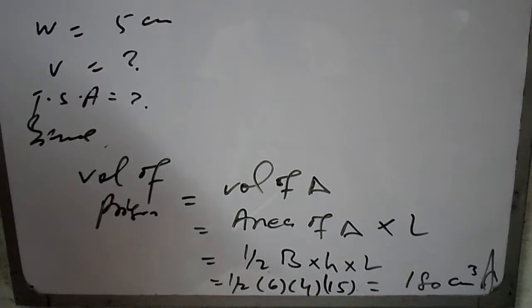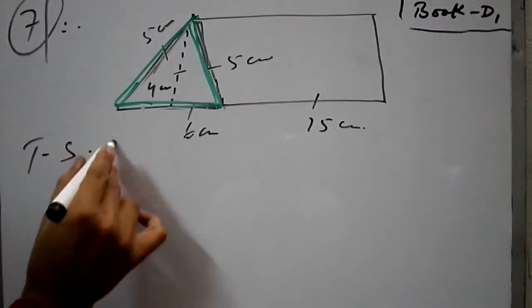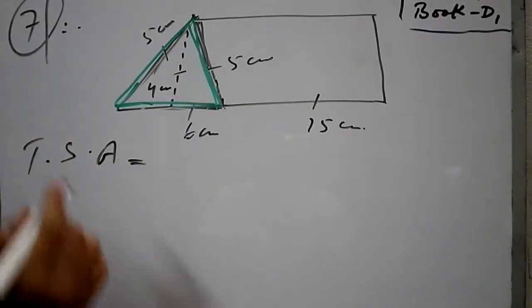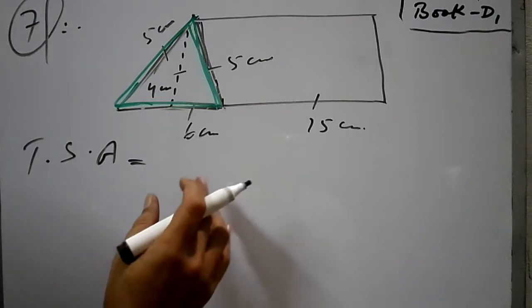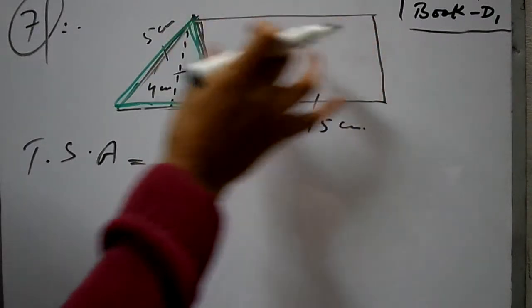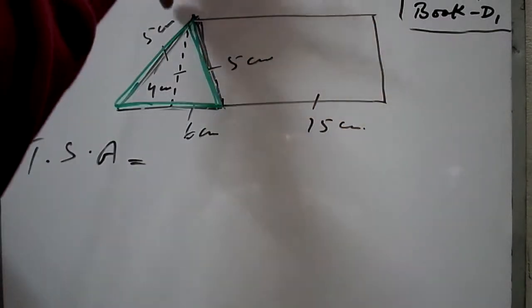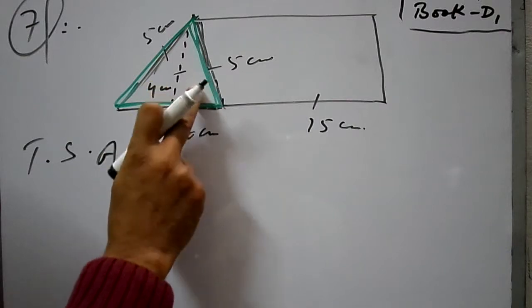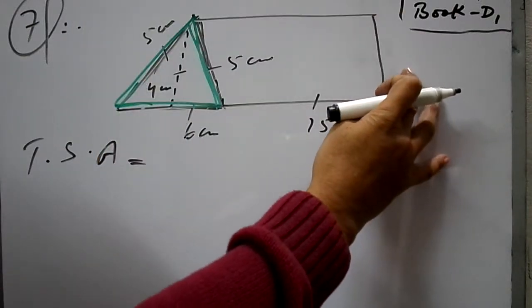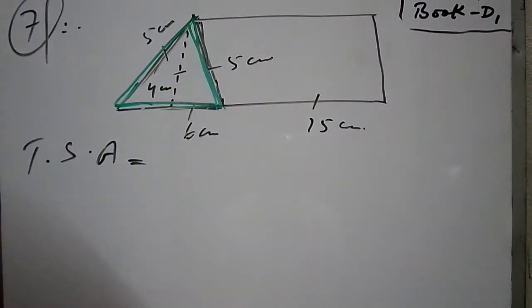Now the total surface area of the same figure. Here you have the area of sides. One side is in front of you, the other side is at the back. Similarly, one triangle is in front of you and the other triangle is at the back. You cannot see it in this figure because it is a 2-dimensional figure, not a 3-dimensional figure.